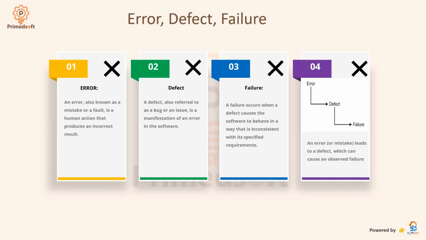So failures are the outcome of defects, and they are identified when the software does not meet the user expectation or produces incorrect results. Failure can occur in various situations, including during testing or in the live production environments. So it could be on the staging environment, it could be on the live environment, it could be on the testing environment. Is that clear?